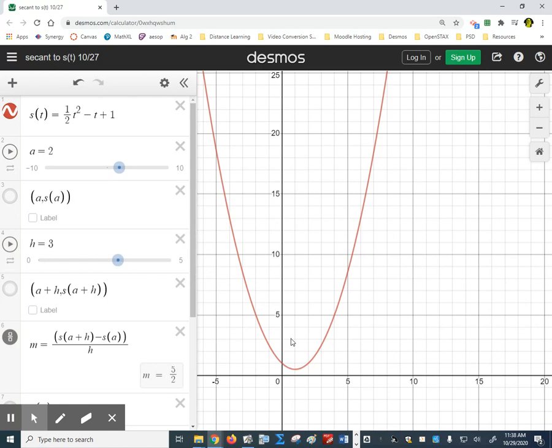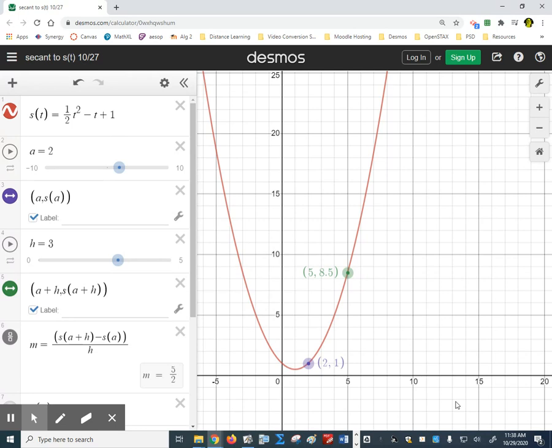And we're really only interested between 2 seconds and 5 seconds, right? So we're interested in that point. After 2 seconds, the object has a position of 1, and we're interested in this point. After 5 seconds, it has a position of 8.5.